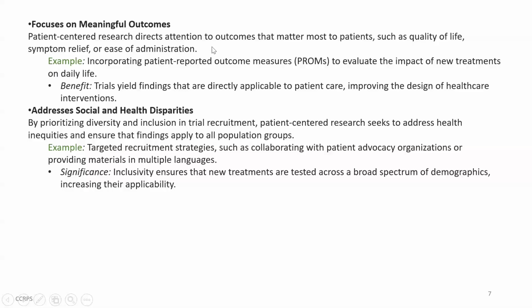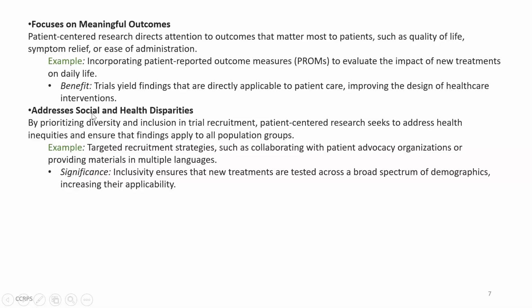Patient-centered research directs attention to outcomes that matter most to patients, such as quality of life, symptom relief, or ease of administration. Example: incorporating patient-reported outcome measures, PROMs, to evaluate the impact of new treatments on daily life. Benefits here: trials yield findings that are directly applicable to patient care, improving the design of healthcare interventions.